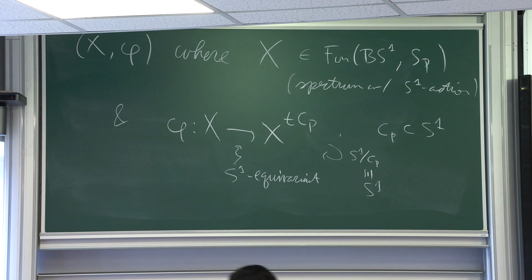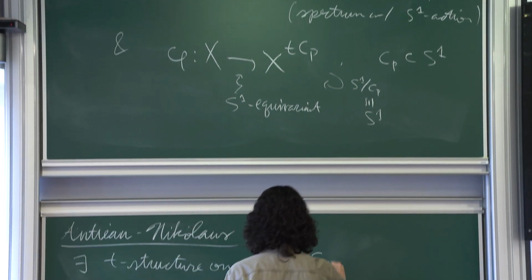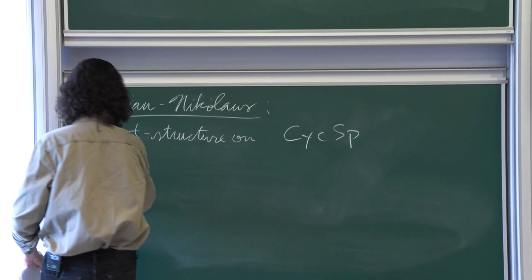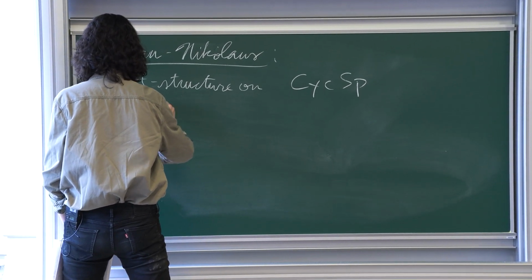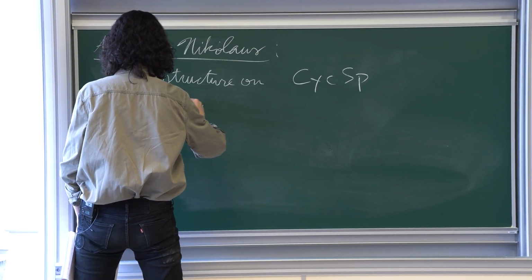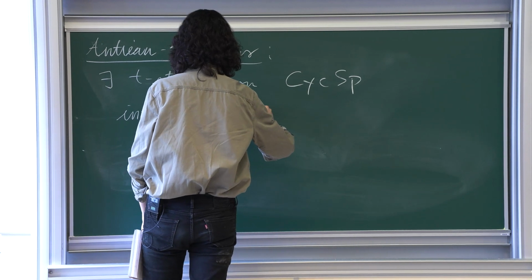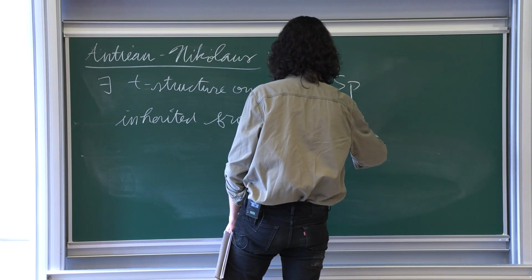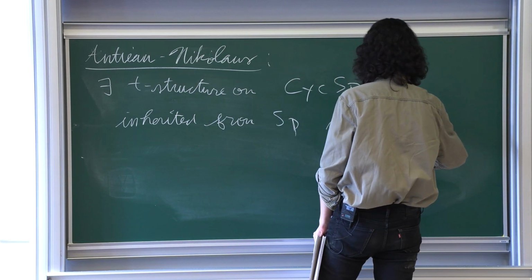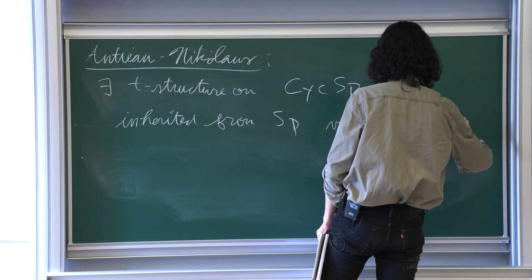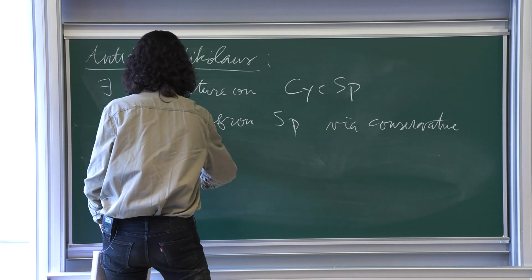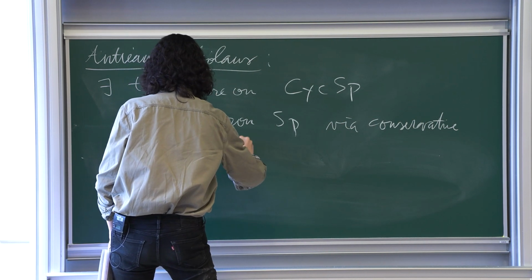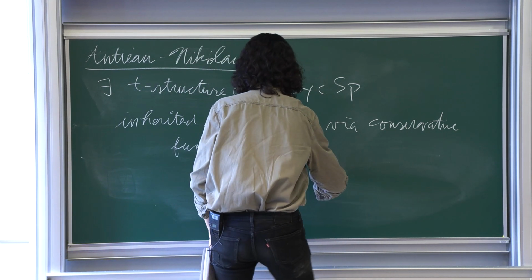Okay, so Antolín-Camarena and Nikolaus: there exists a t-structure on cyclotomic spectra inherited from spectra via the conservative functor TR.